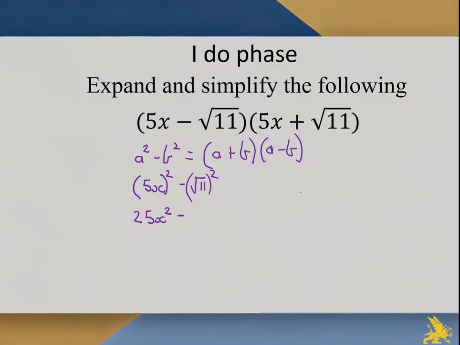And a square root and a squared cancels out, so it becomes take away 11. So that means I've got 25x squared minus 11. If you've done it the other way, I would encourage you to check it through the previous method, but also encourage you to look at patterns that you see when we are expanding and also factorizing.